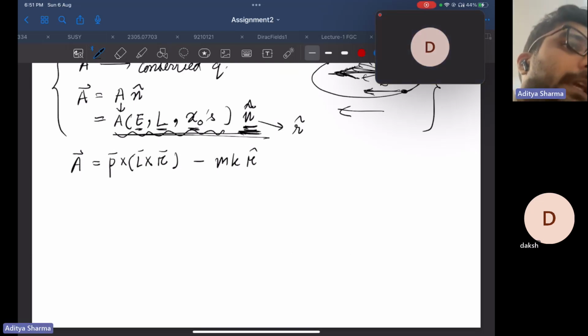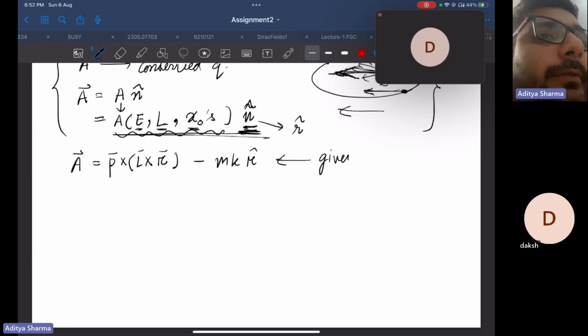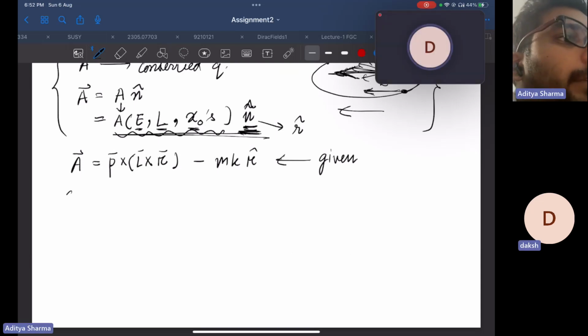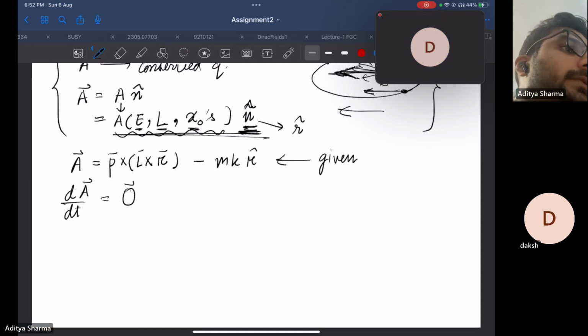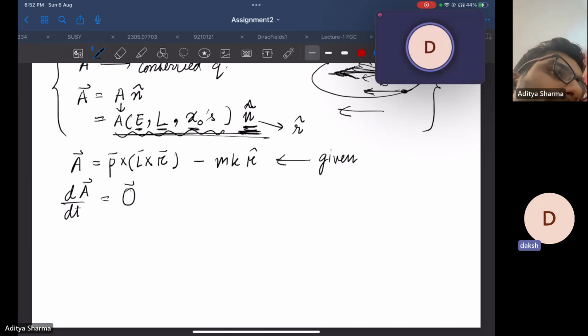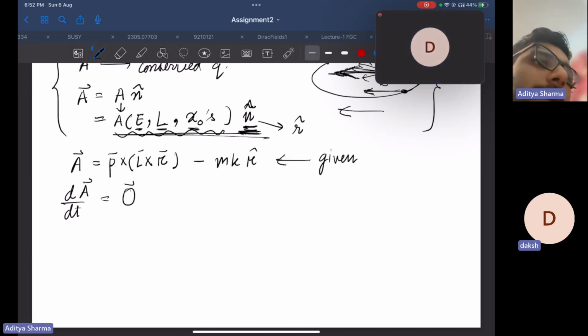So this is A. This is given to you. And what he was doing was he was doing dA/dt of A and showing you that it is indeed 0. Yes, yes. But I am saying you something else. I am telling you how to find A.